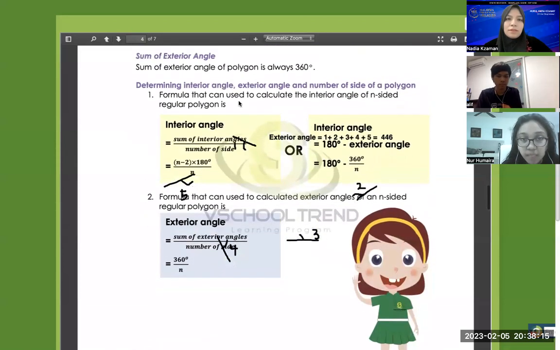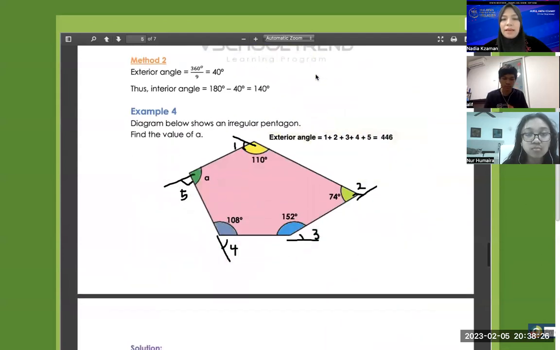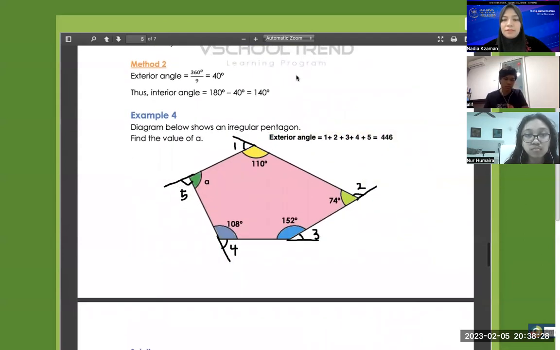The sum of exterior angles of a polygon is always 360 degrees. So the sum of 1 plus 2 plus 3 plus 4 plus 5 is actually 360. Even if it is irregular, it is always 360.